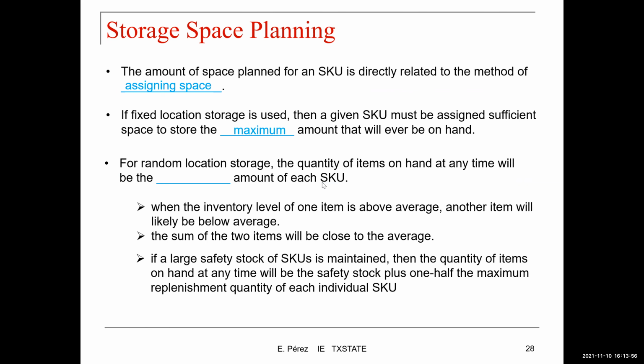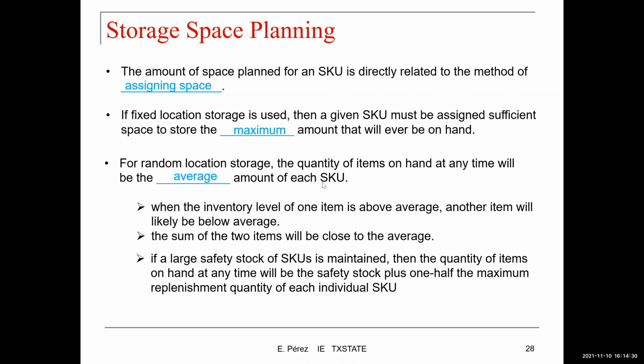For random location storage, the quantity of items on hand at any time will be the average amount of each SKU. When the inventory level of one item is above average, another item will likely be below average. So you will have that behavior happening inside your warehouse: you expect a high for one item and less for another item, and you will still have space to accommodate all your items.